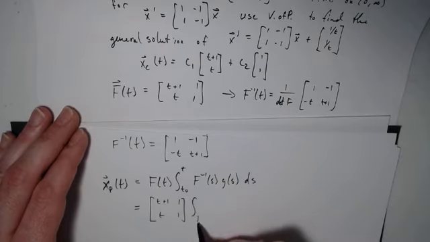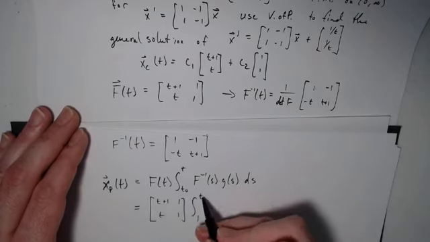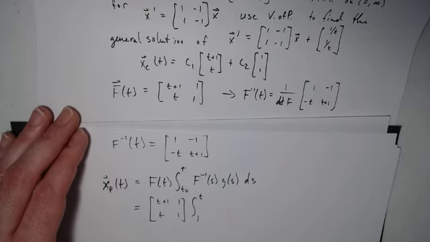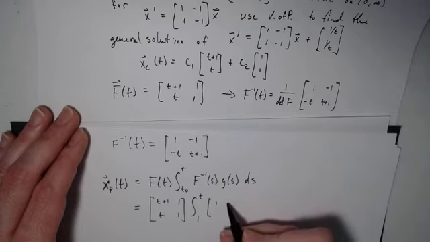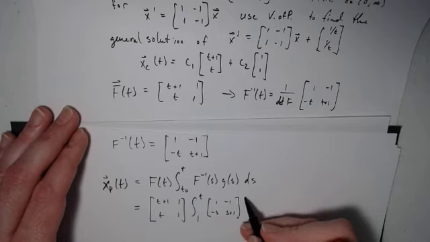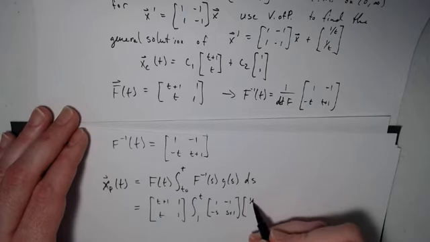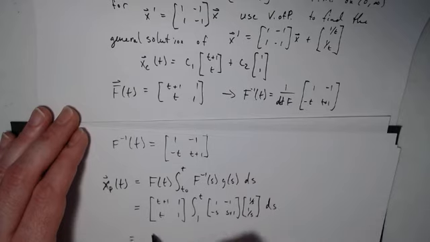Let's go ahead and start this guy at 1. Up to t of f inverse of s, so that is 1, negative s, s plus 1, times g of s, so it's times 1 over s, ds.